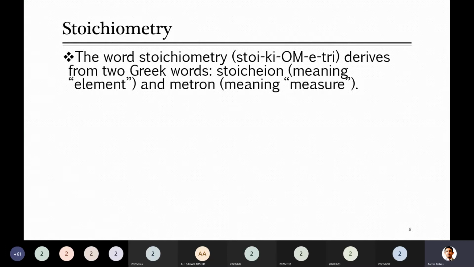In simple words, it is called measurement or calculation of the elements: how many elements are consumed in some reaction, and how much something is produced in some reaction. That study is called stoichiometry.